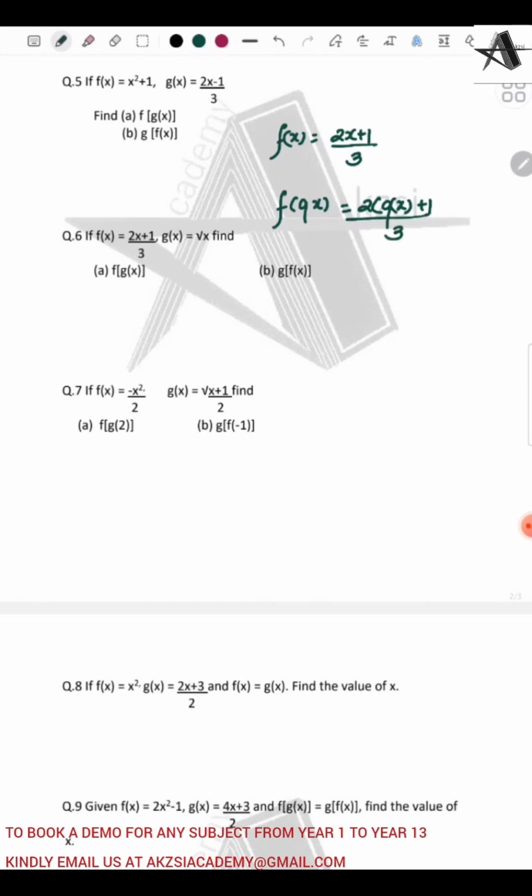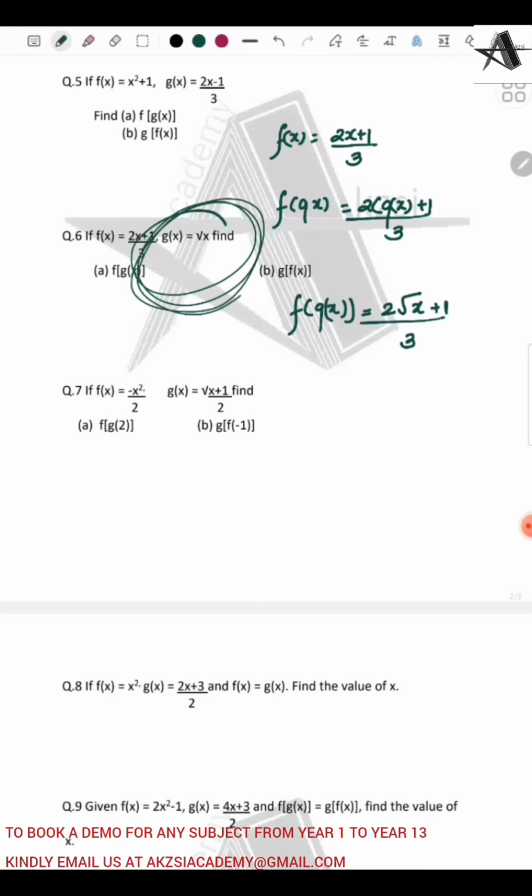Now for g(x), we need to substitute the value of g(x), which is root x. So on the right hand side I need to substitute: (2 root x plus 1) over 3, and that's your final answer. Moving on to gf(x). So g of f(x), that means we just need to write our primary function, which is g(x) first, that is root x.